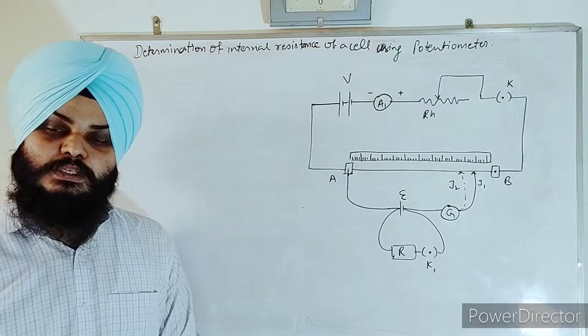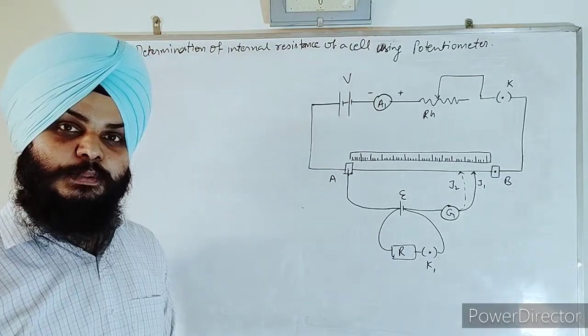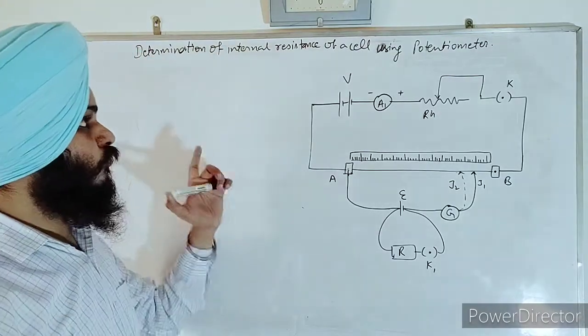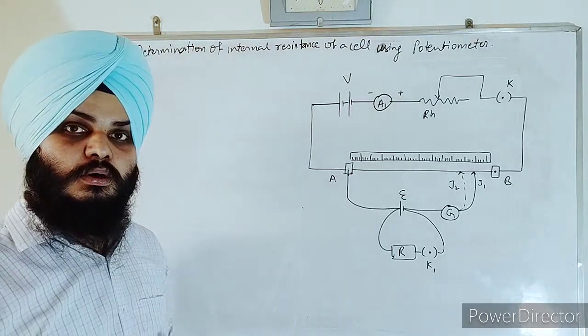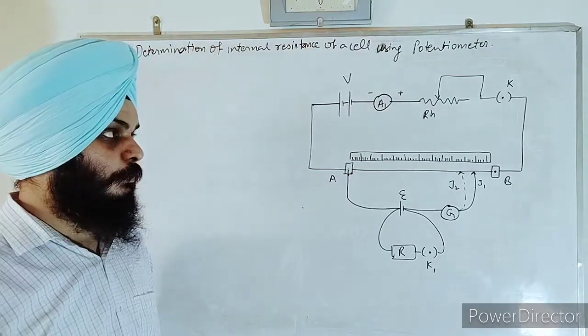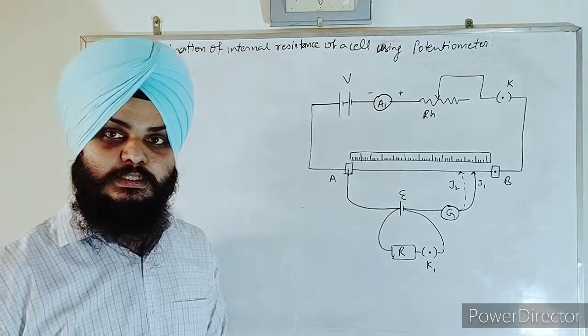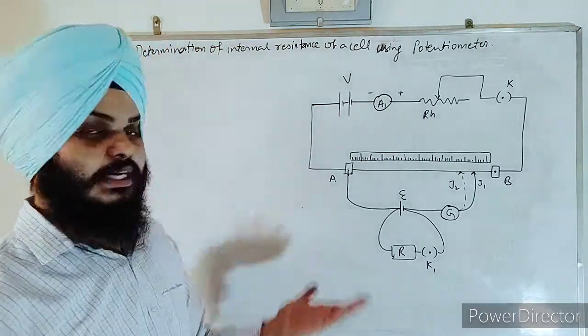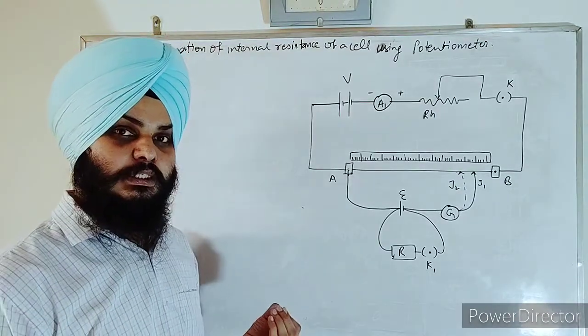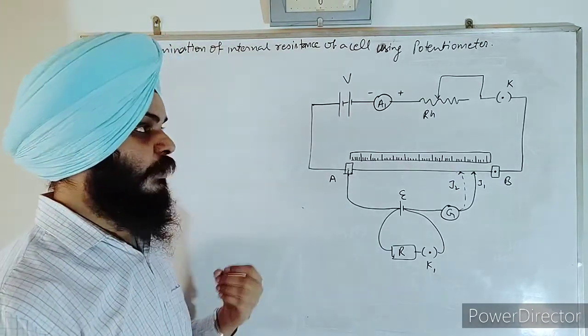Students, our next application of potentiometer is to find the internal resistance of a cell using the potentiometer. Here, this is the circuit for finding this. We have again considered a potentiometer of length 100 centimeter.